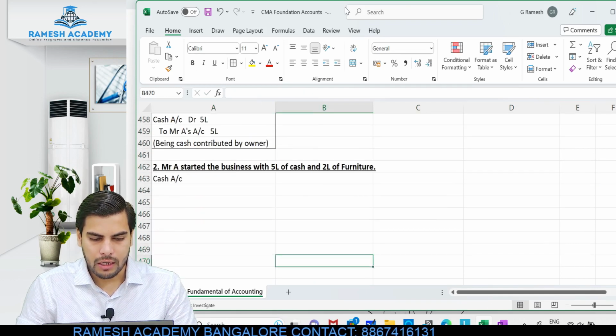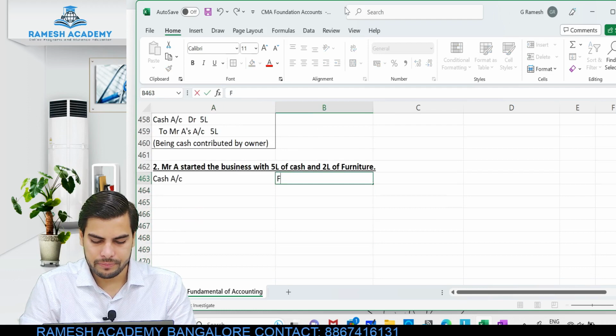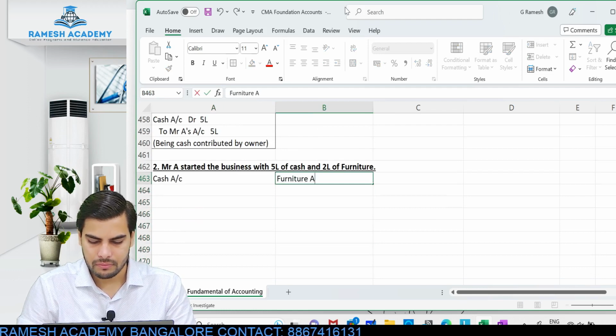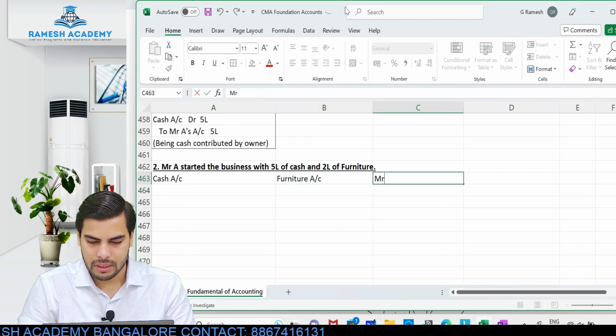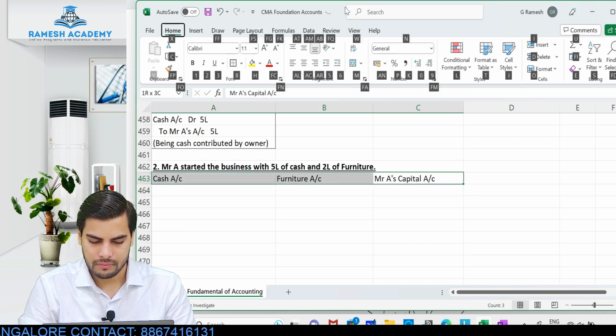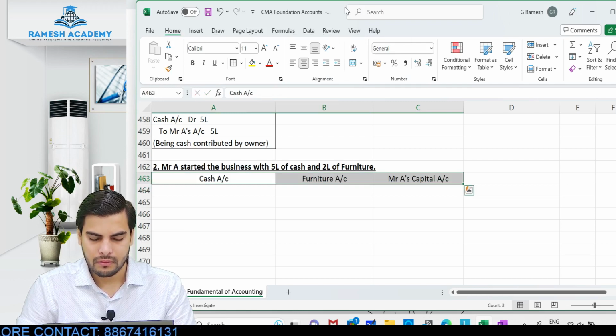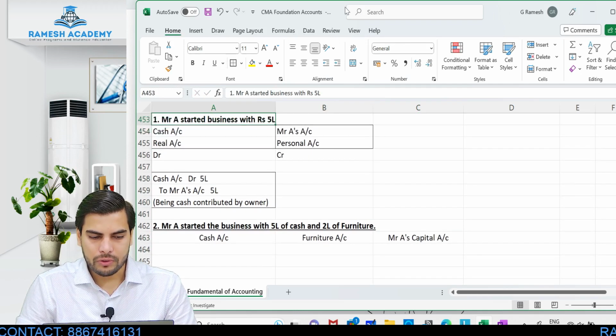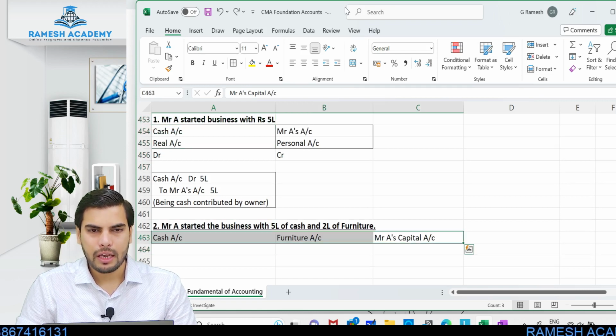Another would be the furniture account, and then Mr. A's capital account. So the accounts affected are the cash account, furniture account and A's capital account.